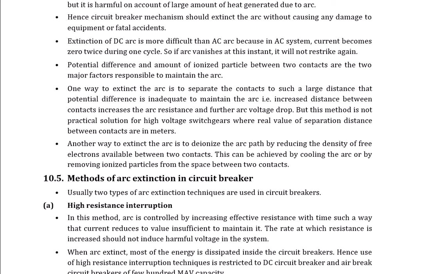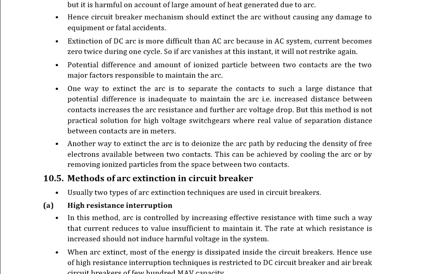Another way to extinguish the arc is to deionize the arc path by reducing the density of free electrons available between two contacts. This can be achieved by cooling the arc or by removing ionized particles from the space between two contacts.